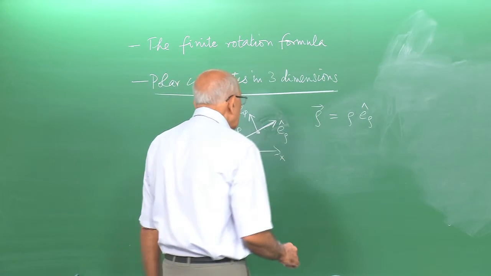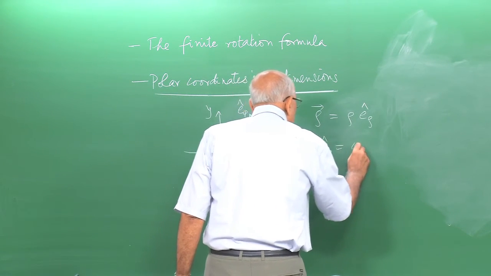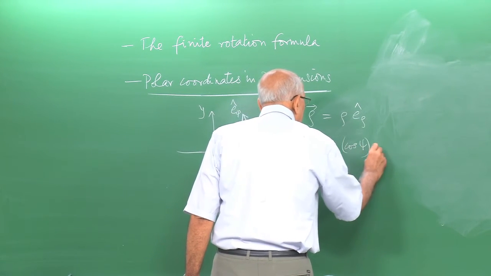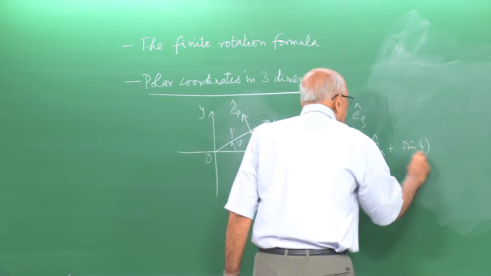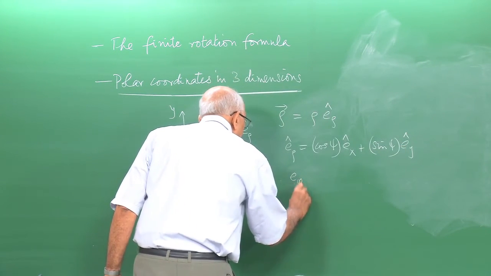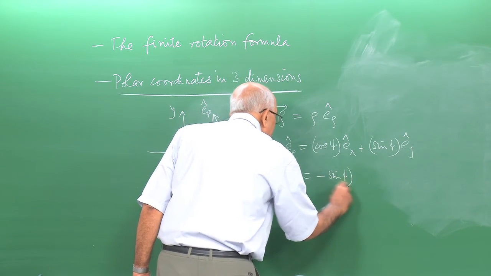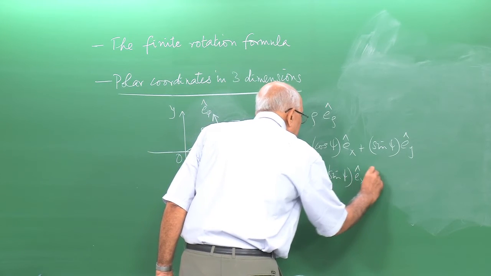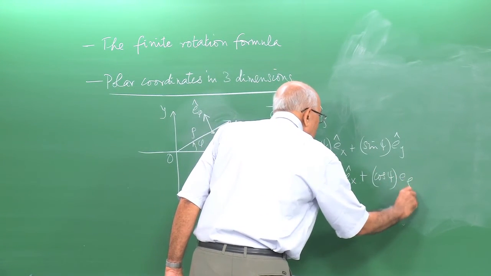So we had that thing there, and the unit vector e rho was equal to cos phi times ex plus sin phi times ey, whereas the vector e phi was equal to minus sin phi ex plus cos phi ey.